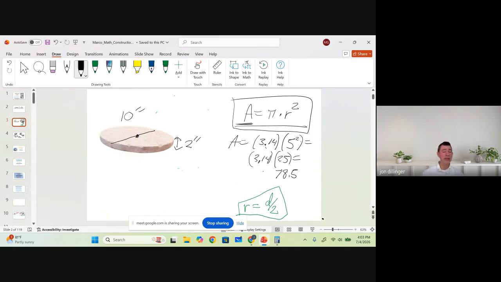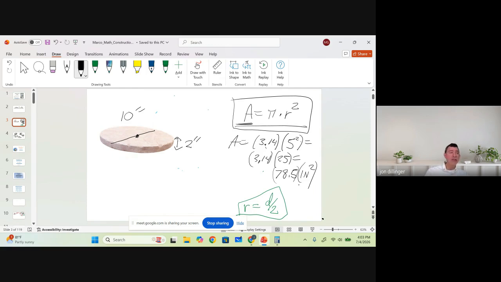What units do you put in? This is inches, so it's inches squared. You have to include the units, because if you exclude the units, you're going to get the answer incorrect. All right, so now we have the area of the circle.